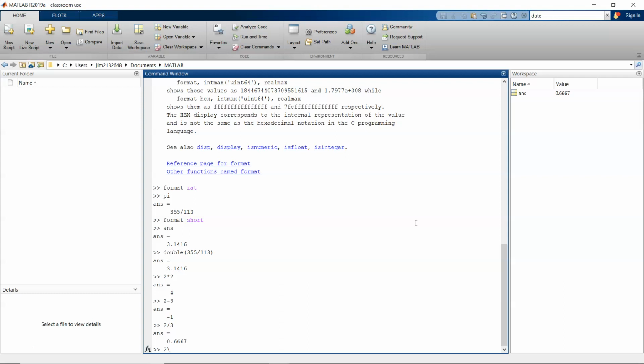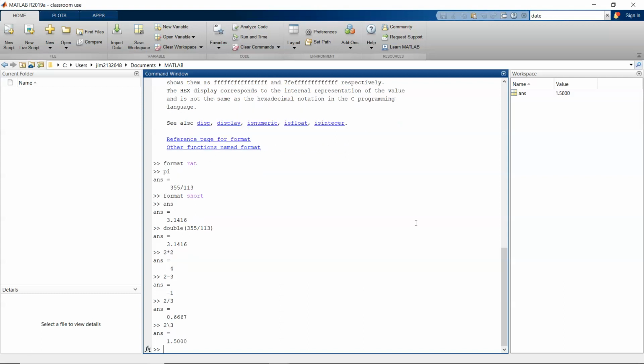2 goes into 4 2 times. 2 goes into 6 3 times, and so forth. Okay. 2 goes into 3 should be 1.5 times. So that's the difference. We will need this when we work with matrices. A times B does not equal B times A when we're working with matrices.